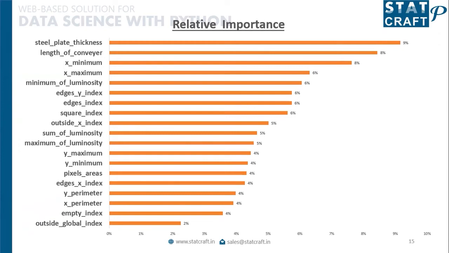Now, how is this beneficial? This is important because there is a simple rule in statistics called the 80-20 or the Pareto principle. What is this Pareto principle all about? Pareto principle talks about 80-20. 80-20 simply means by focusing on 20% of the reasons, you will be able to solve 80% of the problems.